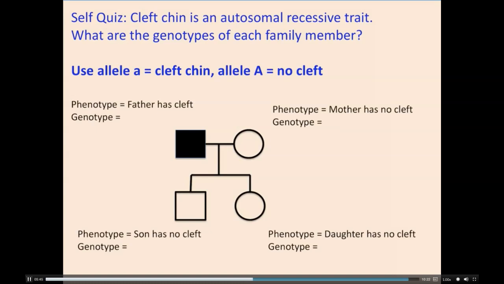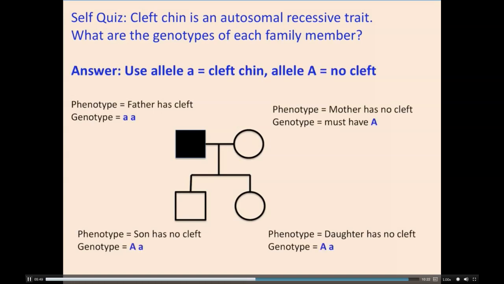And so if I'm in a hurry on a test, I might mess up. So I would rather use the letter A, that looks different in my capital versus a small letter.